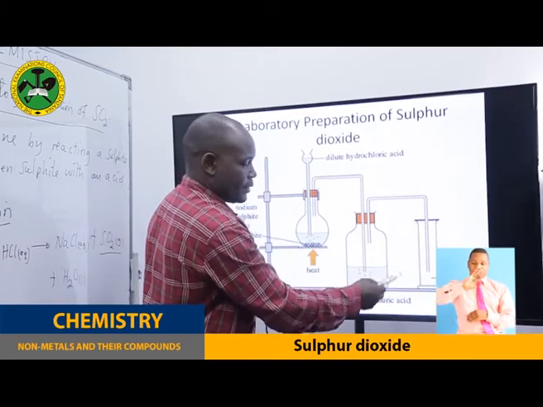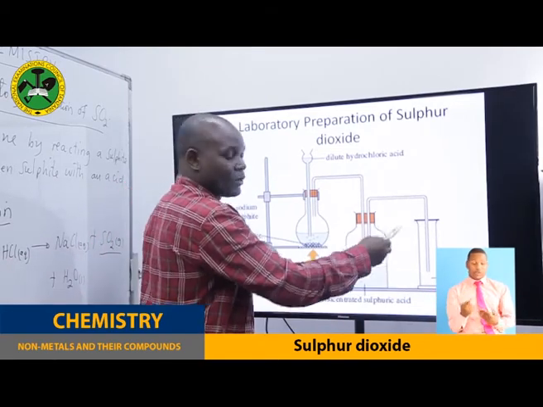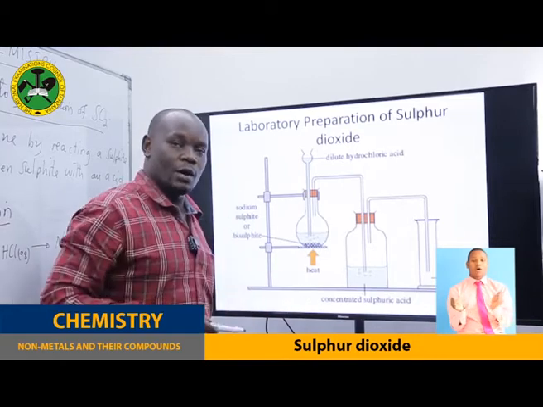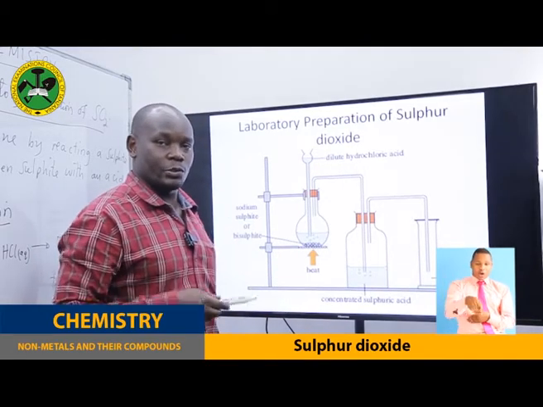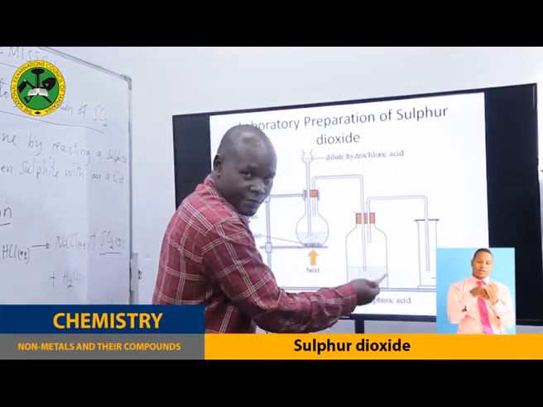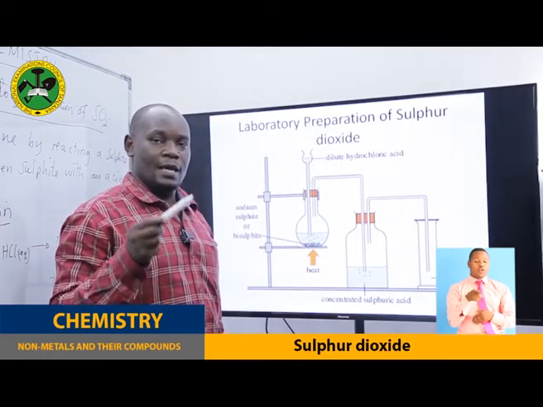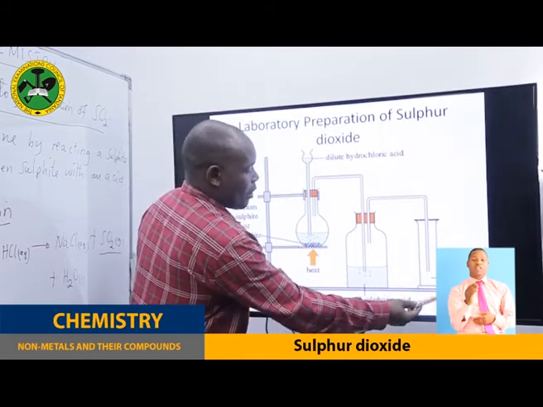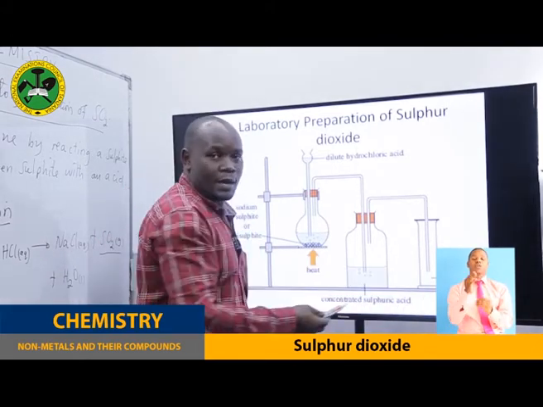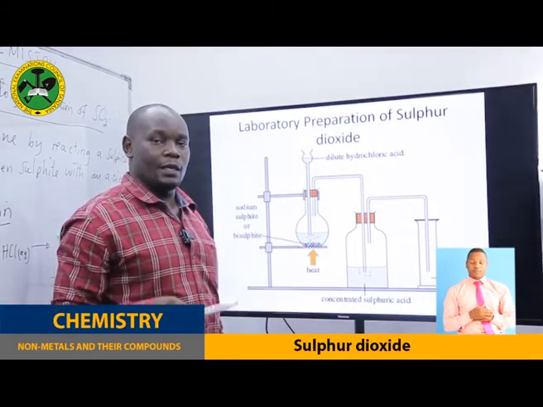Here we see the method of collecting sulfur dioxide is downward delivery. You can ask yourself, why downward delivery? Because sulfur dioxide is denser than air. So that is how you can prepare sulfur dioxide in the laboratory.